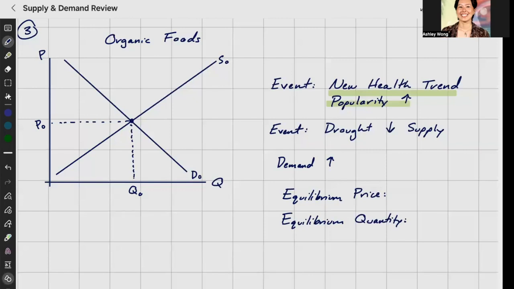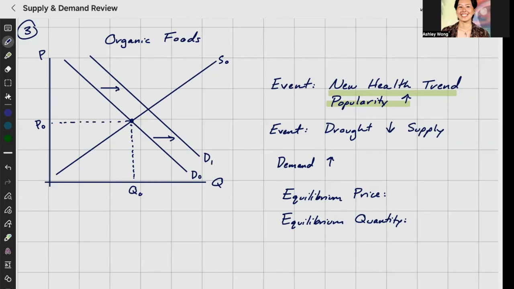And as always, we show this increase in demand as a rightward shift of the demand curve. All right, so that's our first event.